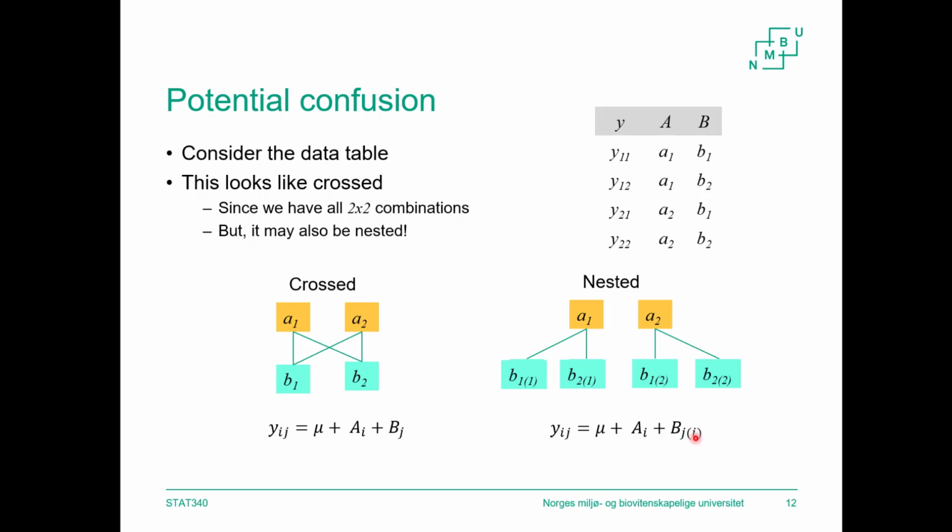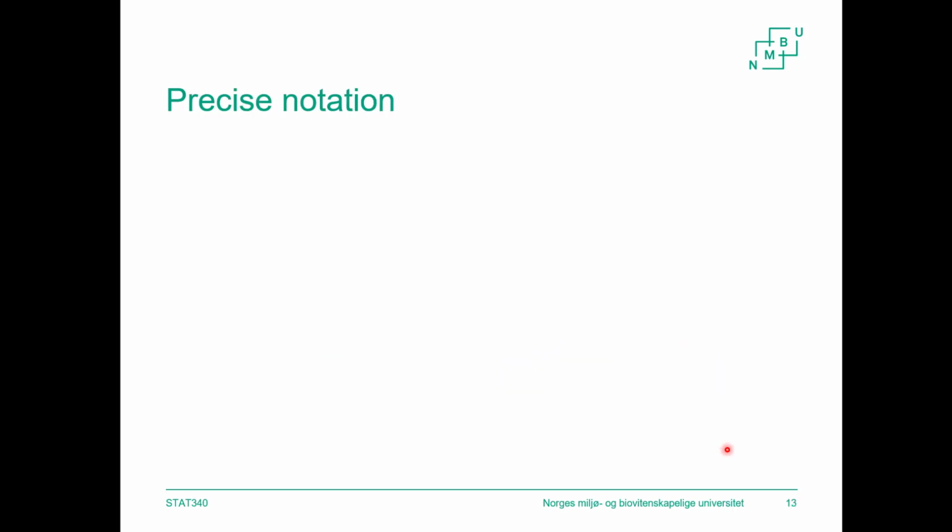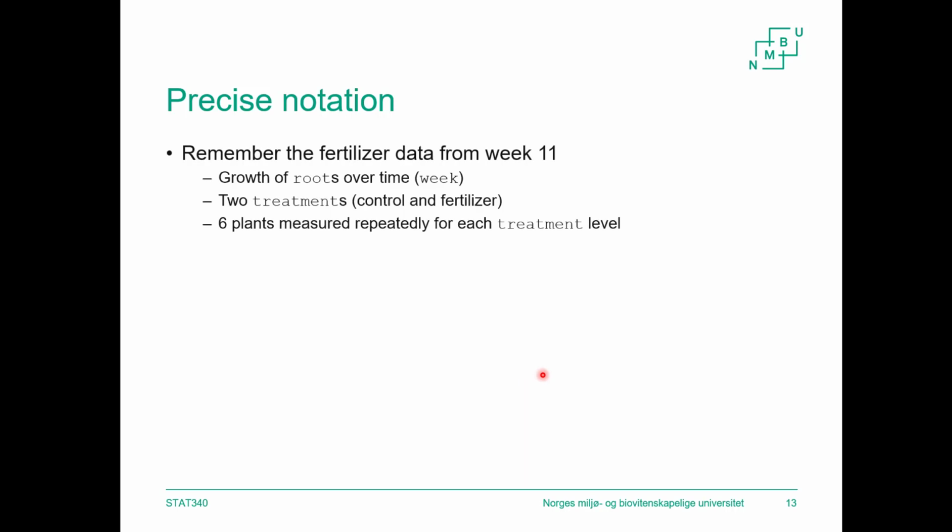You also have to indicate the value of I to get the 4 levels, right? So this way of notation is quite common for describing nesting. The parentheses here and then the index that you are nesting in. So this is the precise notation, actually.